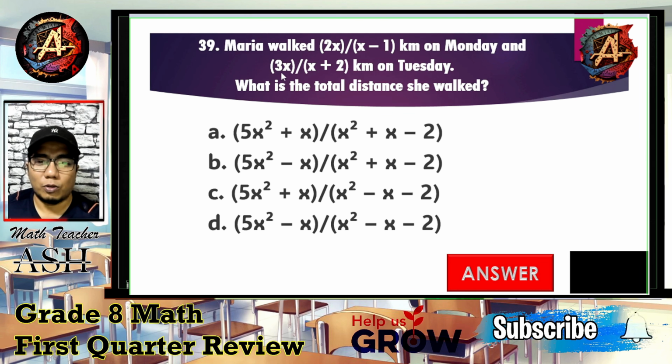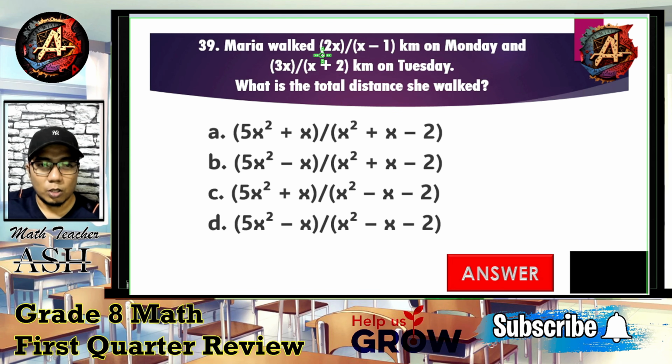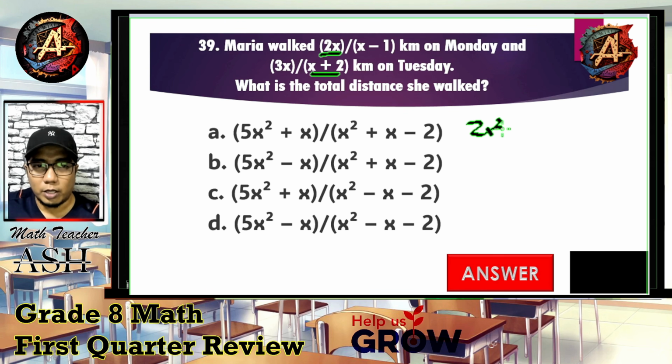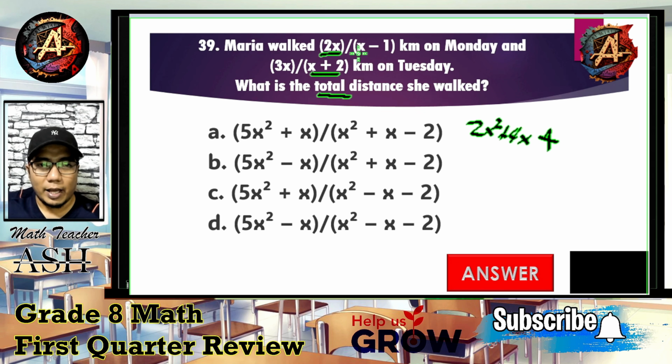Okay. So now for our numerator, what we need to do is to cross multiply. So by doing so, we will use 2x multiplied by x plus 2. So that would be 2x squared plus 4x. And then since this is total, we will be adding. And then we now multiply the next pair. So that is 3x and x minus 1.